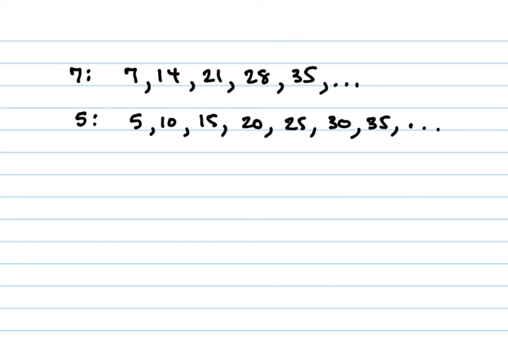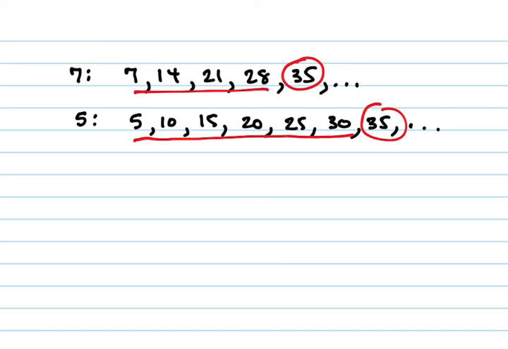Now, if I asked you to find on this list the common multiple, what is the only common multiple that they have? 35. Yeah. So look how far we had to go on both lists before we found a common multiple. Now, in this case, what are the factors of 35 that you see here? 7 times 5, right?